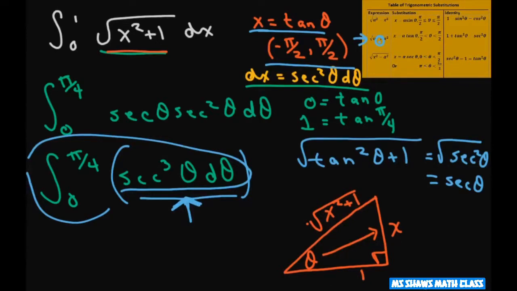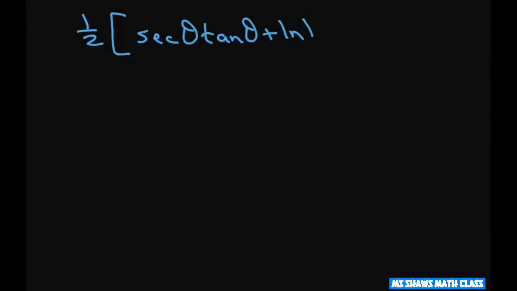So to integrate that, the answer would be 1/2 times secant theta tan theta plus ln of secant theta plus tan theta. So that's the antiderivative of secant cubed theta.